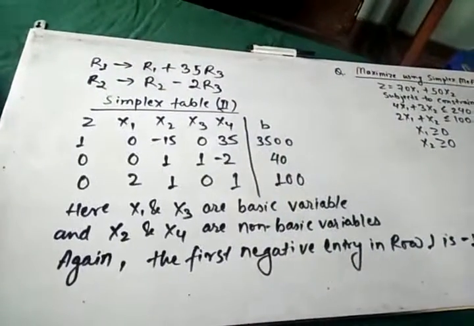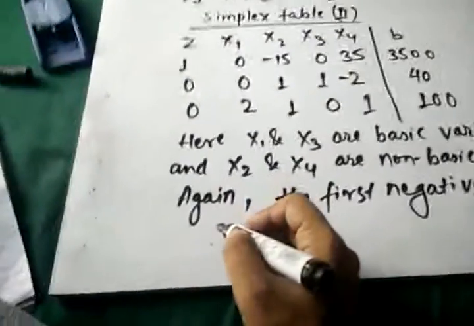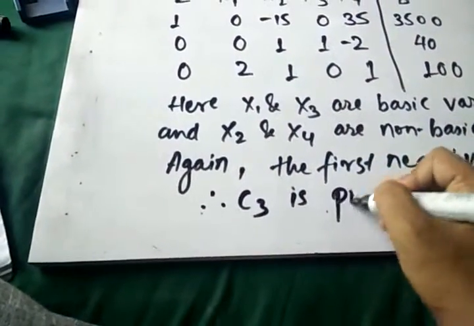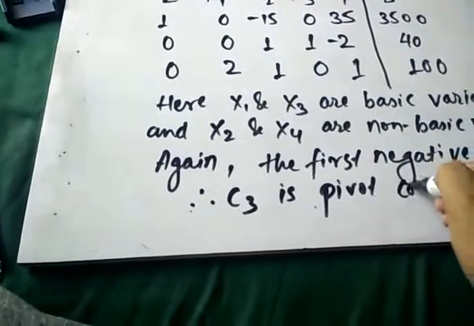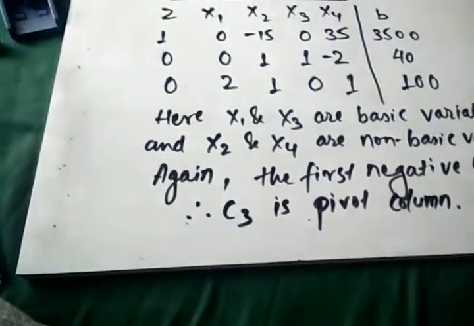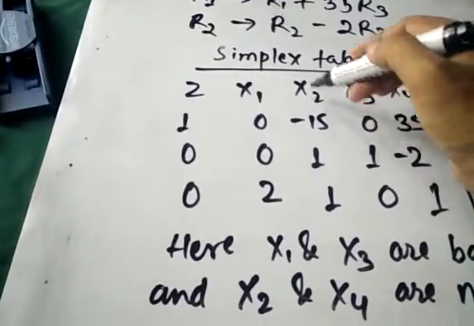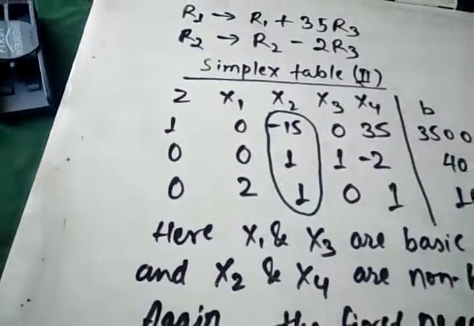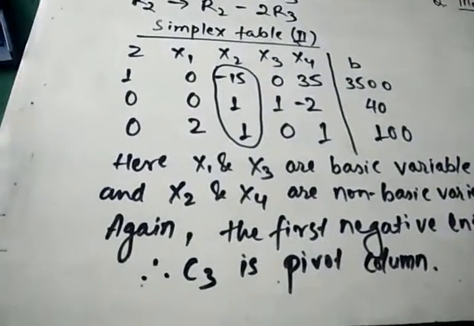Therefore C3 is the pivot column, because here is the negative entry.